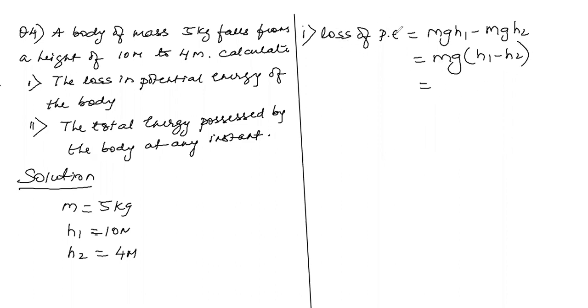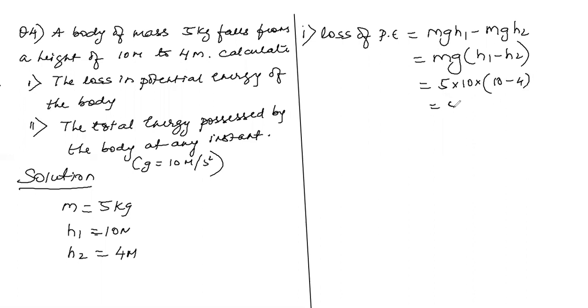Here m is 5, the value of g is 10 meter per second square, and it has fallen from 10 meters to 4 meters.